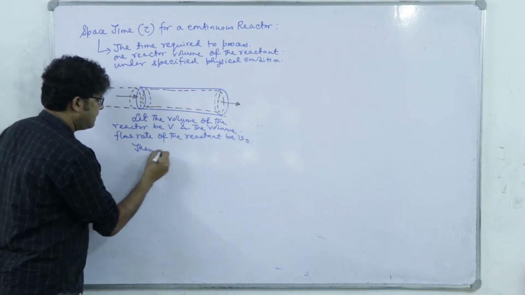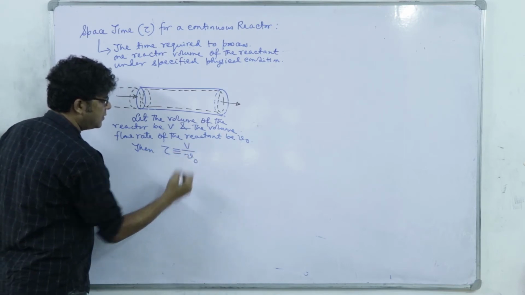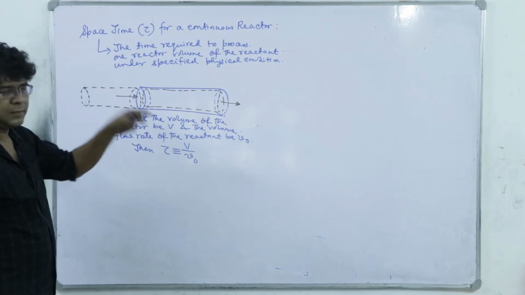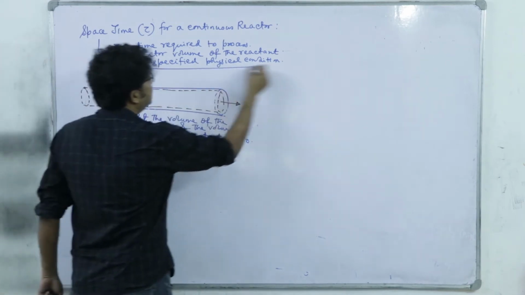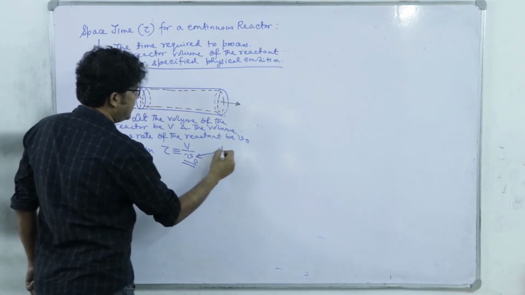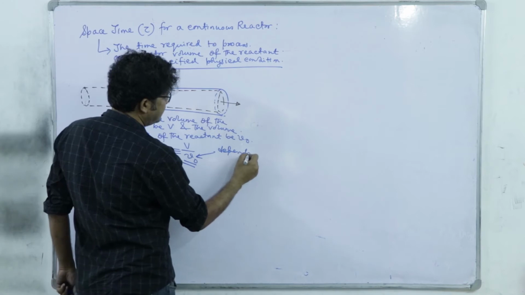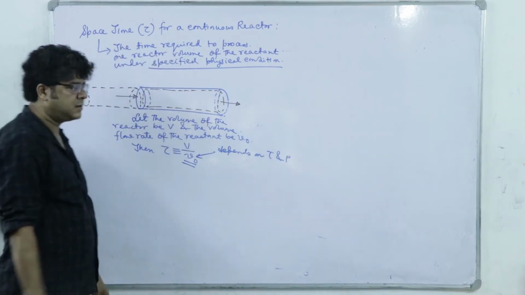Then tau is definitely V by V naught. Right, this is a volume basis, and you can understand why I have given specific physical condition, because this V naught depends on temperature and pressure, in general.